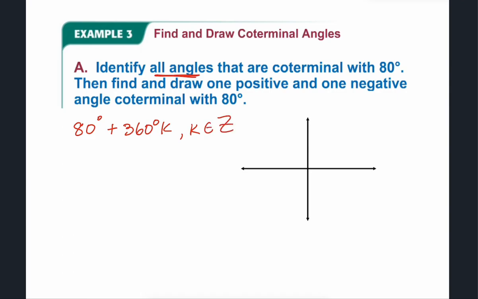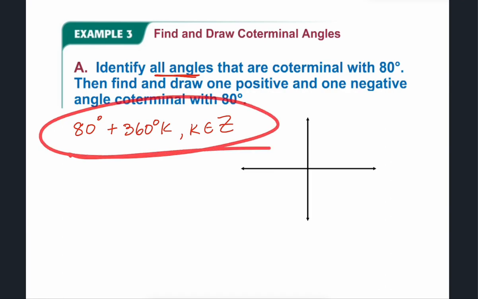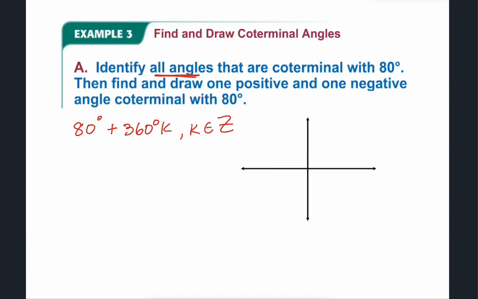Now let's review this notation. This means k is an element of the set Z, which are integers. That notation just gets written every time. So that is all angles. If I add some integer multiple of 360 to 80, I got it.